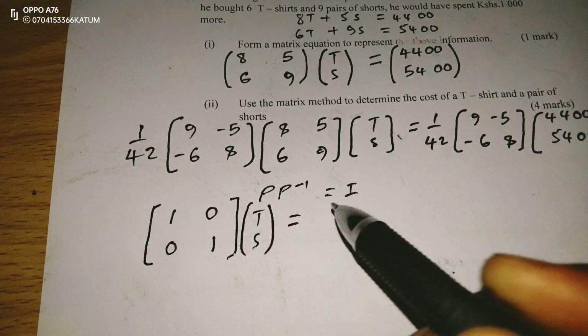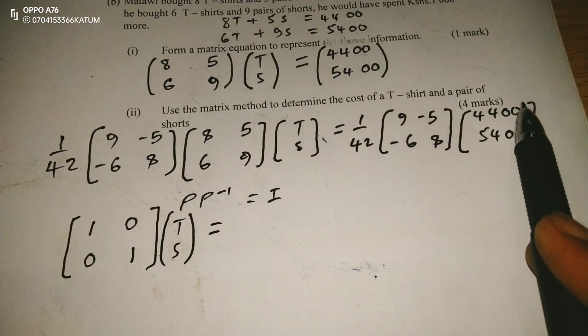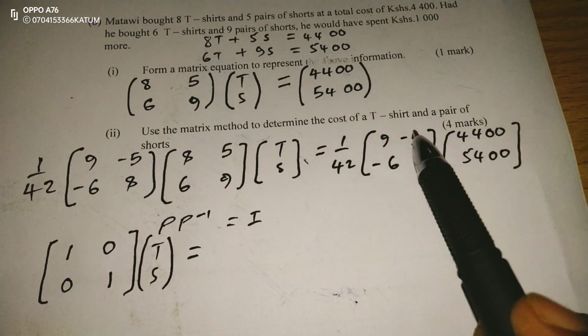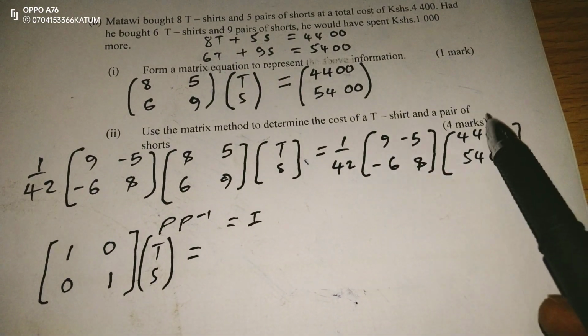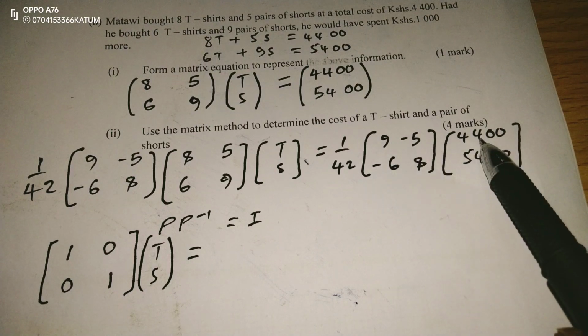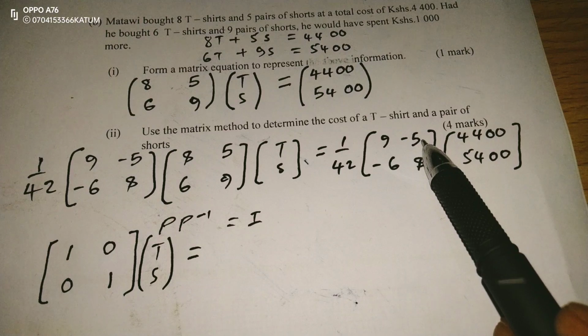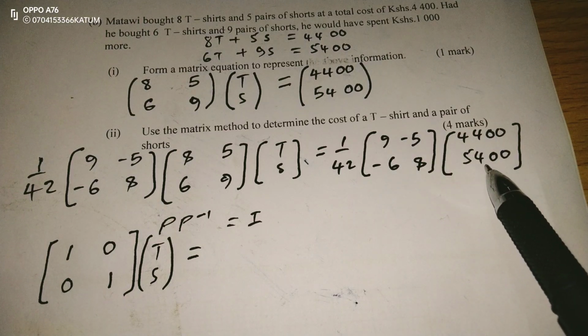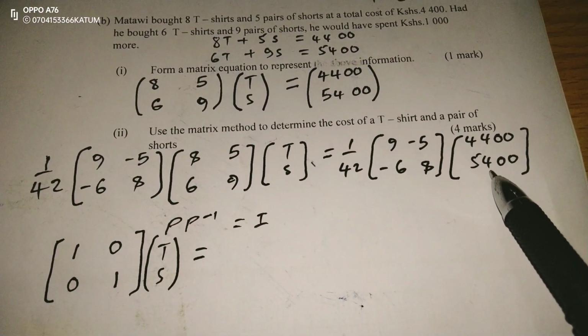This is equivalent to, now we can carry out multiplication on this side, whereby we have this row times the column here. Remember, this is a column matrix. So 9 by 4400, negative 5 by 5400.